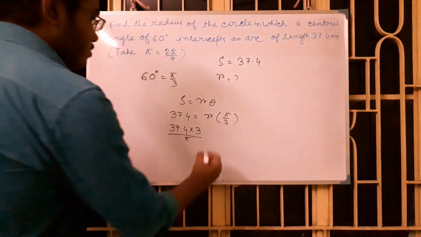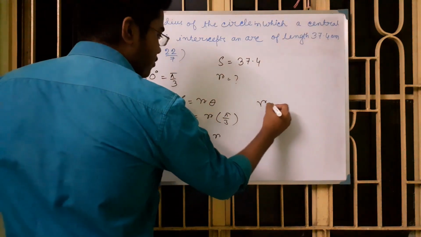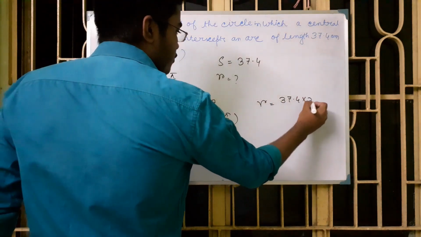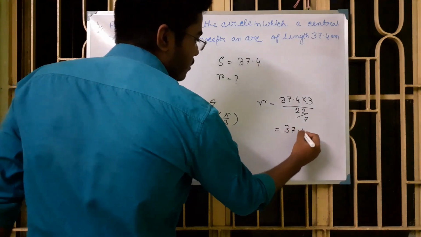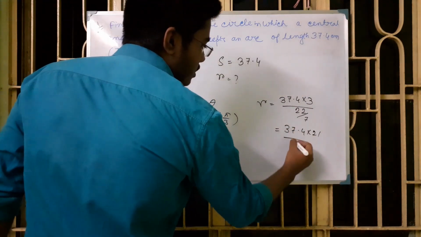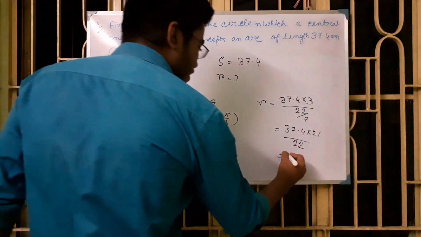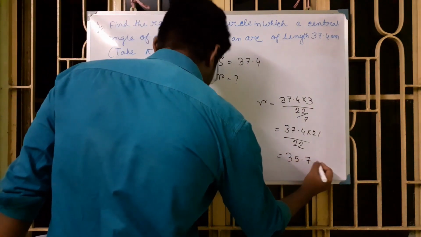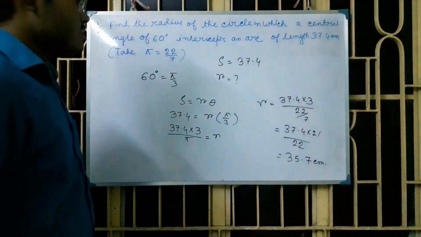Take pi equal to 22 by 7, so r equal to 37.4 into 3 by 22 by 7. 7 will go up, 7 threes are 21, this is 22, and the answer is 35.7 centimeter.